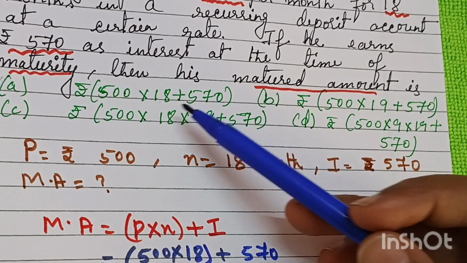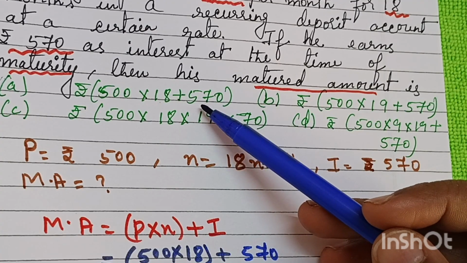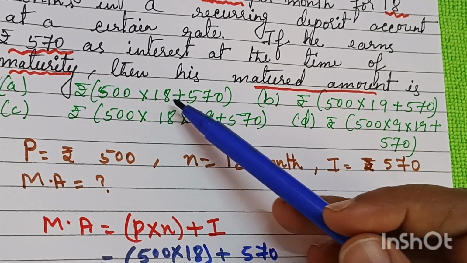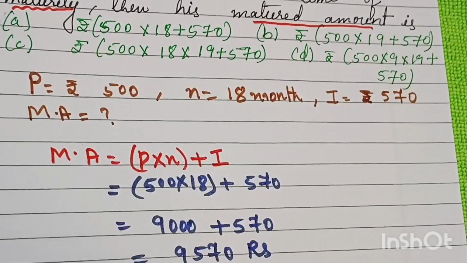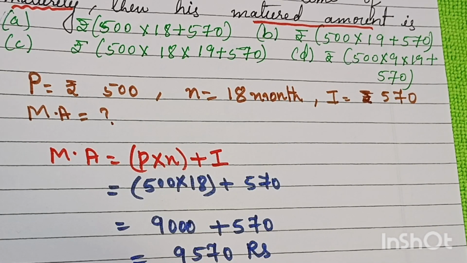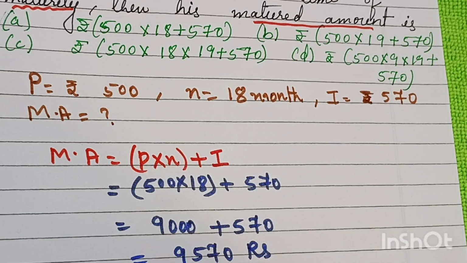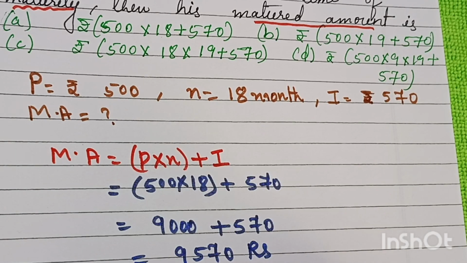The first option is correct. So how do we write the answer? Option A, ₹500 into 18 plus 570. This is our answer.